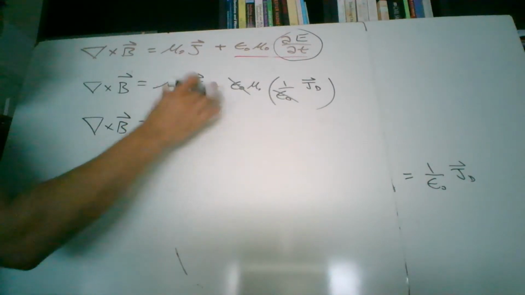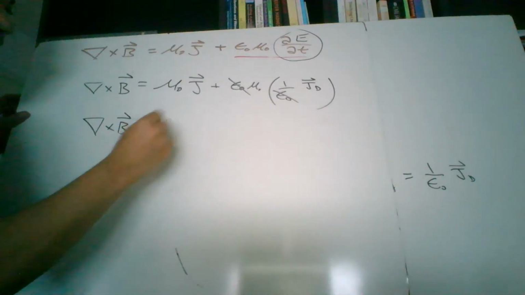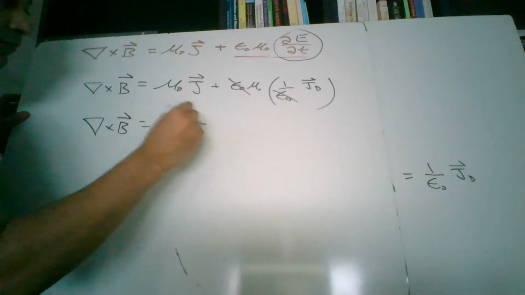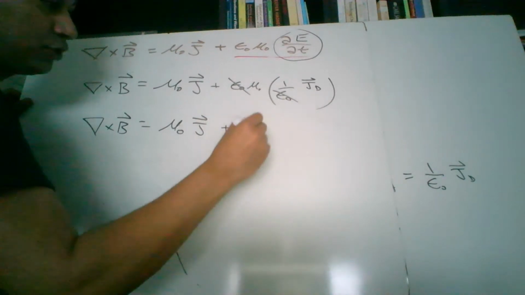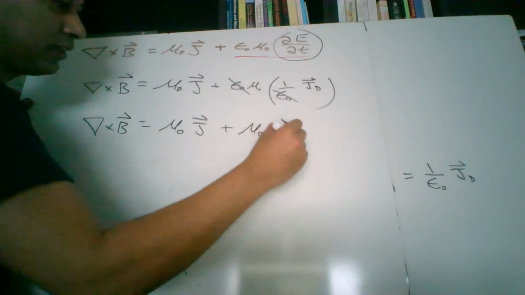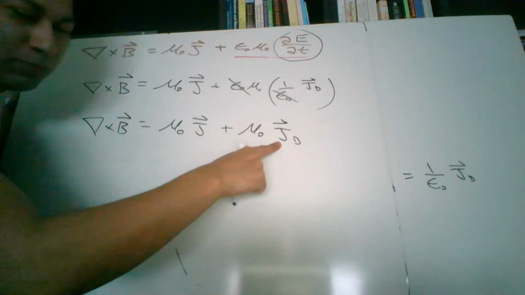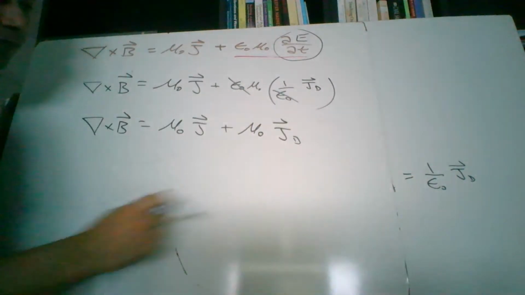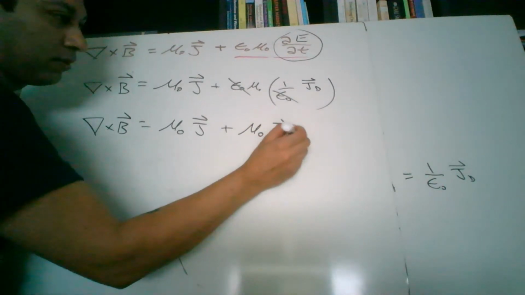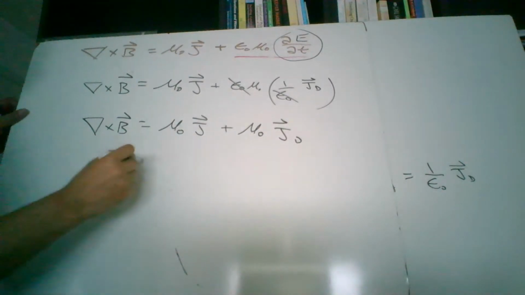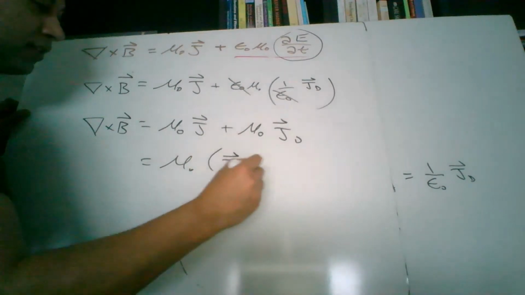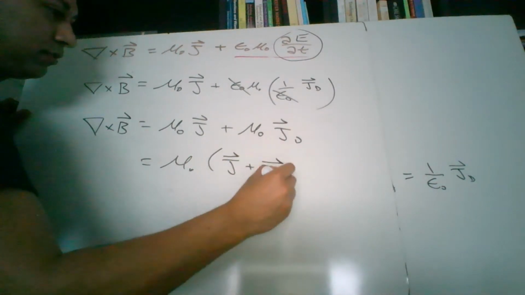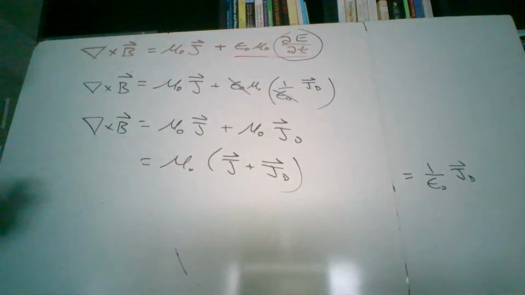Mu naught J, that's the current in the wire, and this term is going to be mu naught times J_D. This is the displacement current density. And we can clean it up a little bit more and just factor out the mu naught, and we get J plus J_D. And that's the displacement current term.